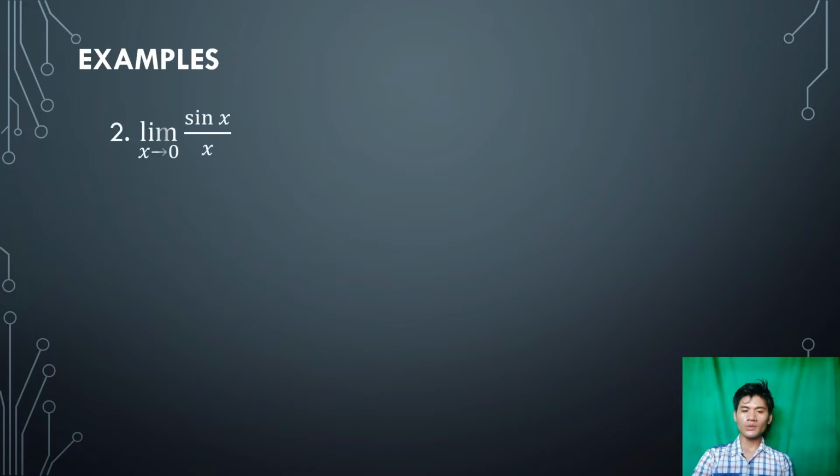Number 2 is the limit of sine x all over x as x approaches 0. If we just plug in 0 for x, without prior knowledge you will have 0 over 0, an indeterminate form of the type 0 over 0.